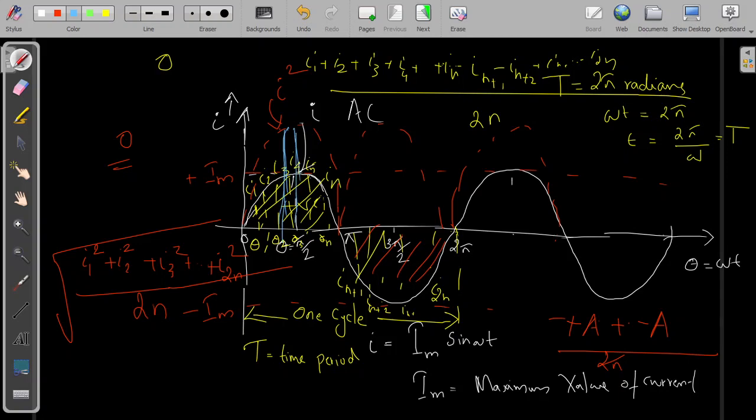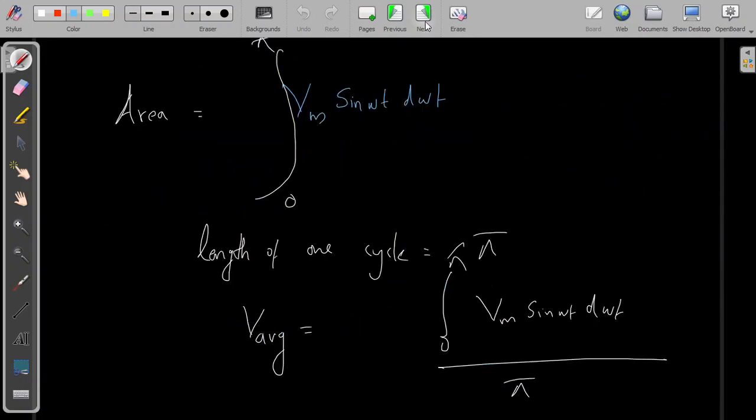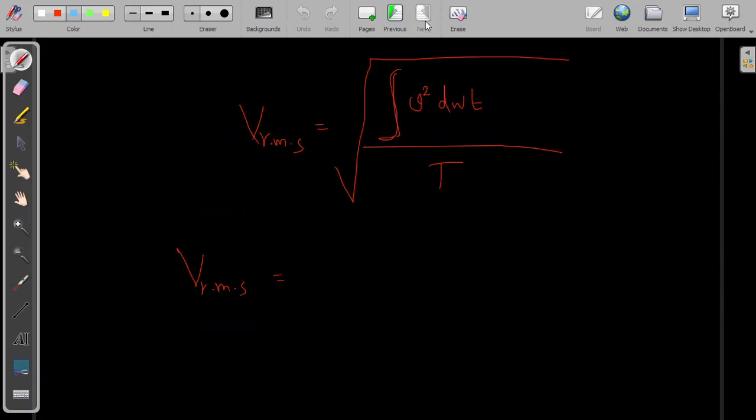Okay, and we have the width of this strip as d omega t or d theta, and the height of this strip is nothing but I square. So the area will be equal to I square d omega t, and you have to integrate it from 0 to pi only.